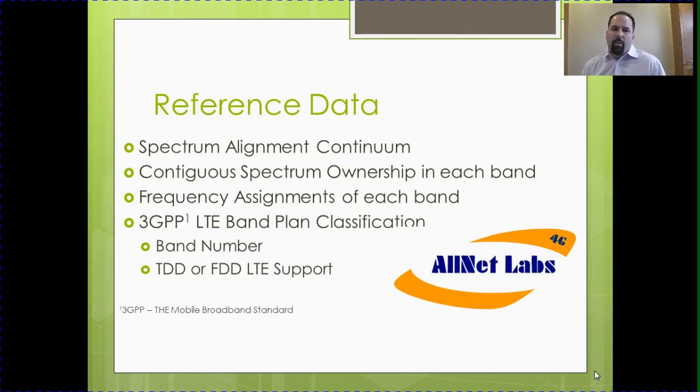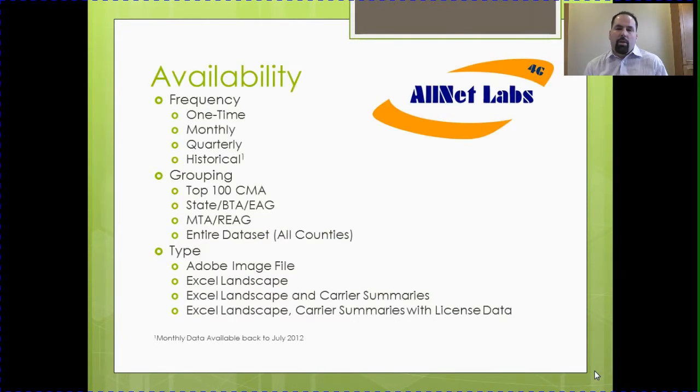The availability of this report: it is available either as a one-time report, a monthly report, or a quarterly report, and you can purchase historical data if that's of interest to you. The historical data goes back monthly all the way to July of 2012. The groupings that you can purchase the data in are: we still have our top 100 report.